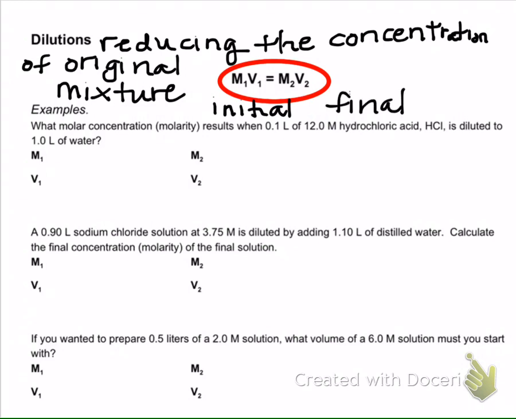The 1 and the 2 don't have any numerical value. It just means 1 is the initial condition and 2 is the final condition. Okay, just to show you how these work, remember you always want to read what you're given and what you're trying to find.